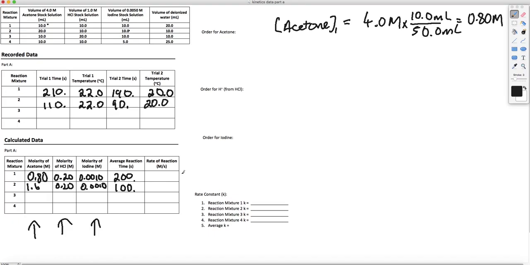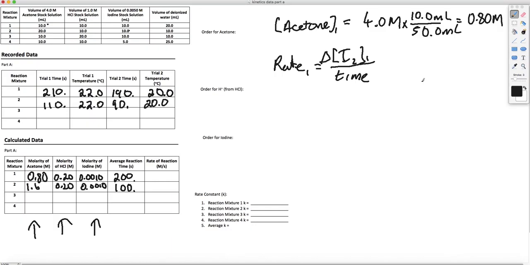So now we can look over here at the rates of the reactions, how we get that. Now the rate, and this would be for mixture 1, is going to be the change in concentration of I2 over the time. What's happening during this reaction is that it's turning from a yellow color to colorless.